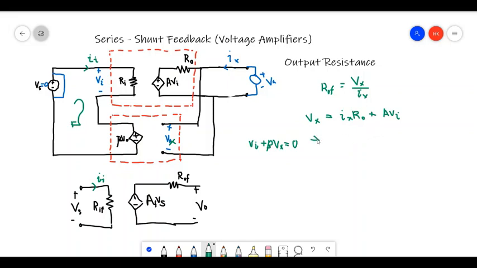Using this, we can write Vx is equal to Ix R naught minus A beta Vx. If we take this Vx to one side and take a common factor, we'll get this.